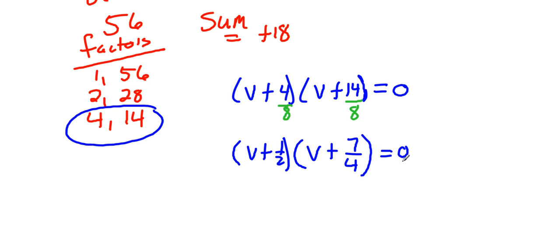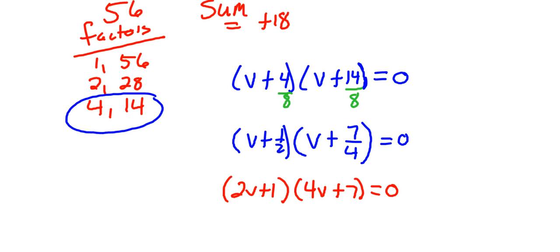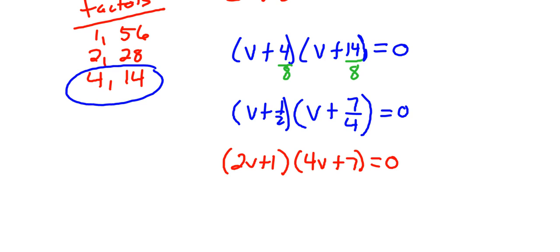We didn't have any whole numbers, so here's where you get to do the bottoms up method. Pull the 2 up in front of the v, make it 2v plus 1. Pull the 4 up in front of the v and make it 4v plus 7. Okay, and you're going to set both of those equal to 0.